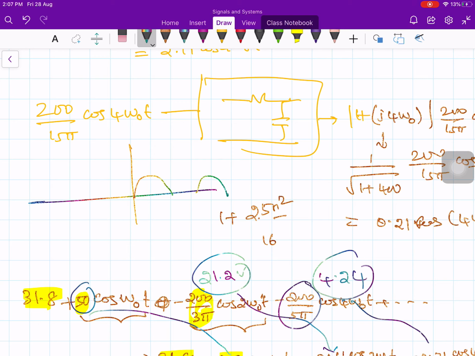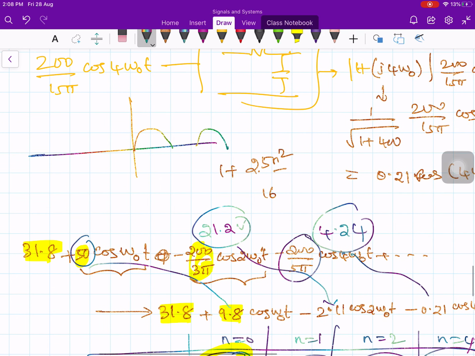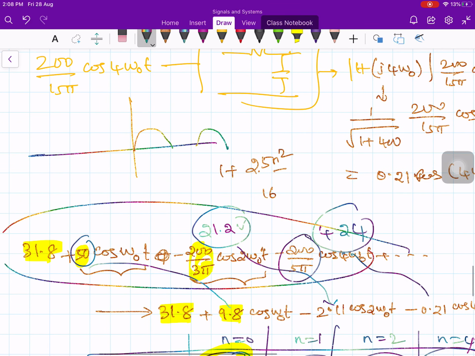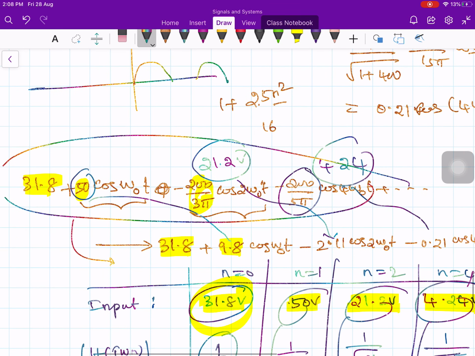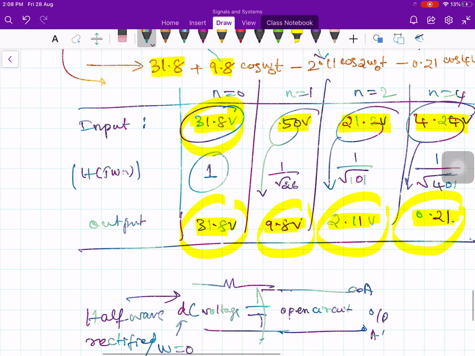So that is why we break this into an even part and an odd part, and once you break that, you express the corresponding Fourier series, and that Fourier series expression is like this. Now this we are applying to the system and we try to find the output.